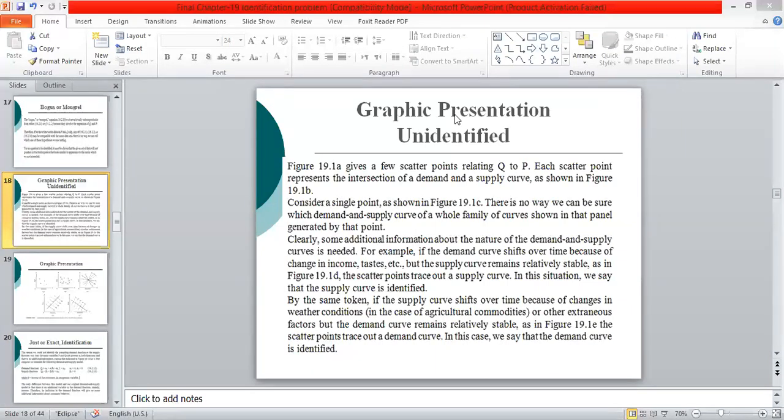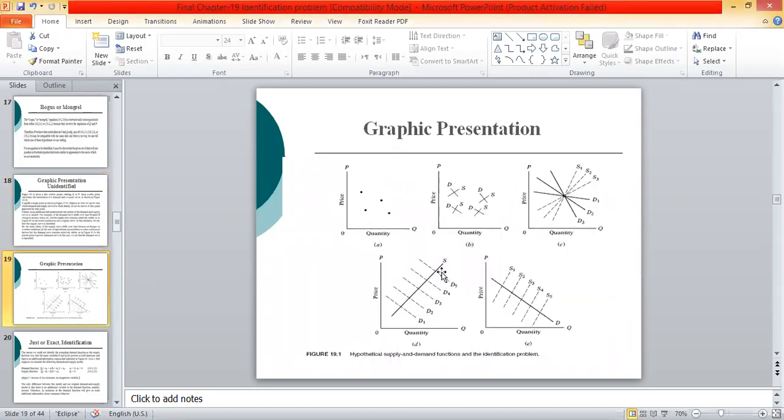If the income is increasing and taste is improving, then this curve will be shifted outward. And if income decreases and taste turns negative, the curve will be shifted downward. But the demand curve is shifting, as you can see, while the supply curve remains stable.